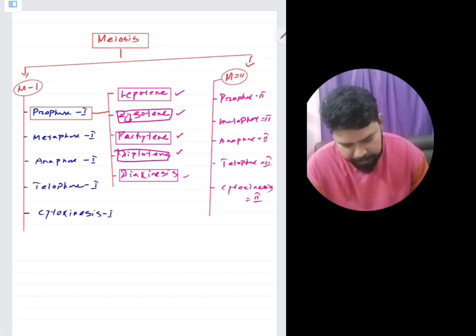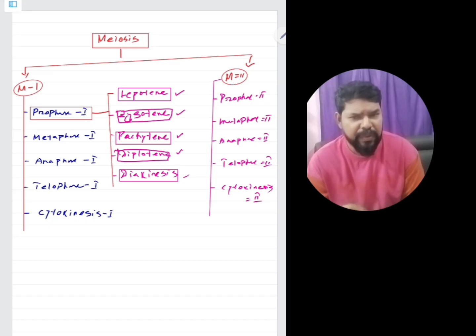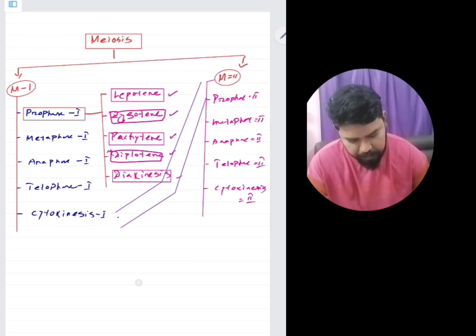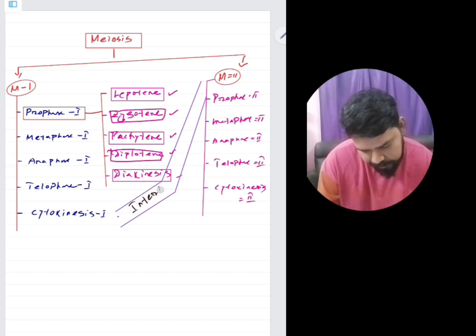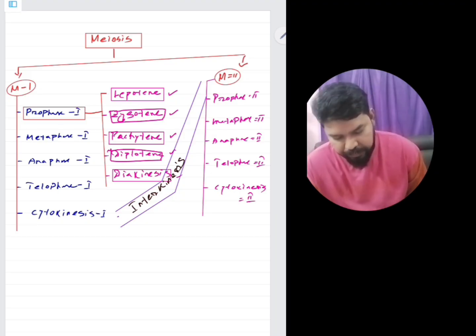After cytokinesis 1, the cell will remain at rest for a few minutes. So the resting phase from meiosis 1 to meiosis 2 is called what? Interkinesis. Clear? So we have seen the phases in meiosis.